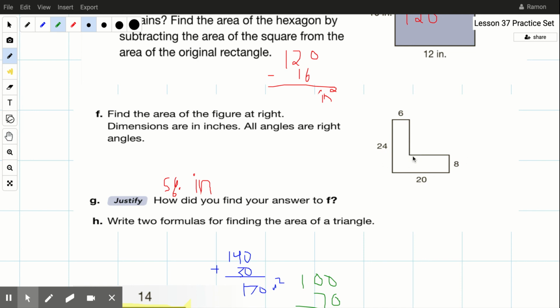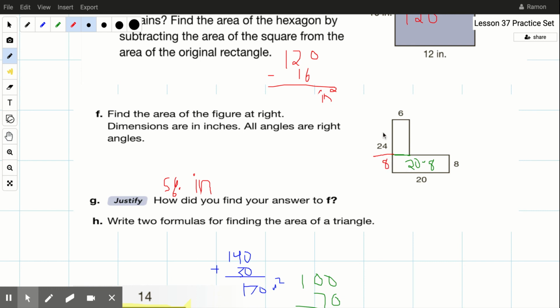I am going to do it this way because I see 20 and 8, which is a very easy mental math calculation for that portion of it. 20 times 8, we can put it there. If we extend this line out, we see that this side is 8.